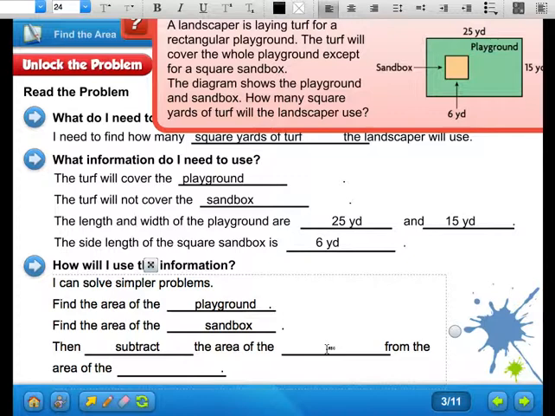So I'm going to subtract the sandbox from the playground.